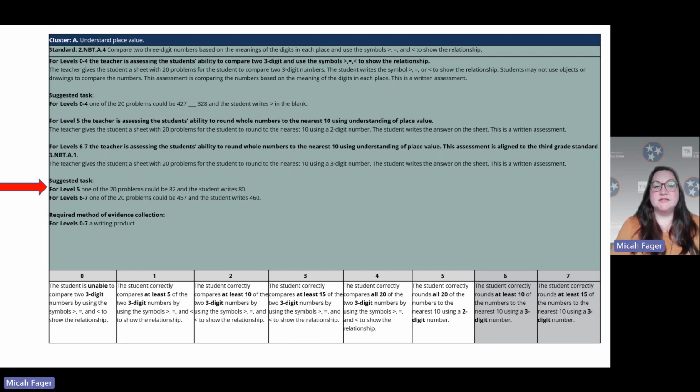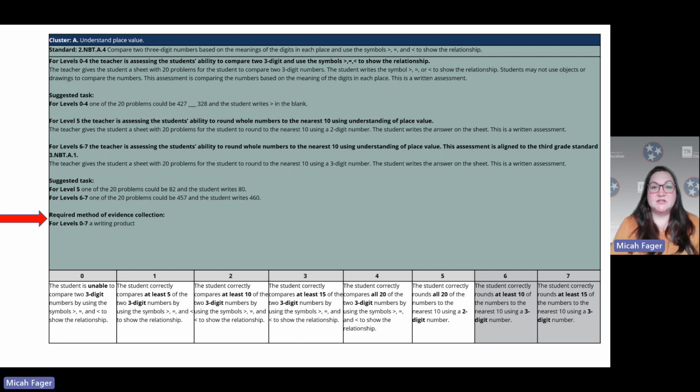For levels 6 and 7, one of the 20 problems could be 457. The student will round to the nearest 10. The student would write 460. For all levels 0 through 7, the required method of evidence collection is a written product.